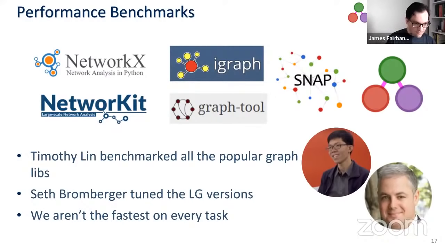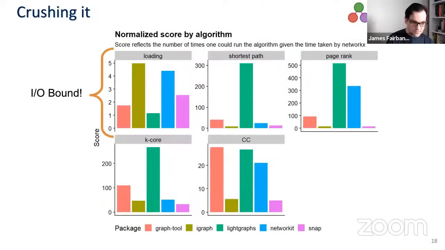Okay, so Tim Lin made these benchmarks. Seth tuned the LightGraphs versions because he was unsatisfied with our performance. And we're not the fastest on every task. Here are the benchmark results. Other than loading the graph from disk, we are the fastest.